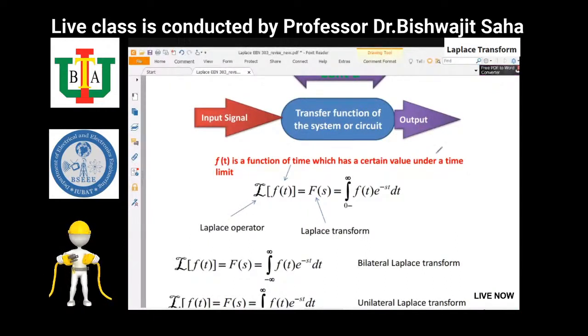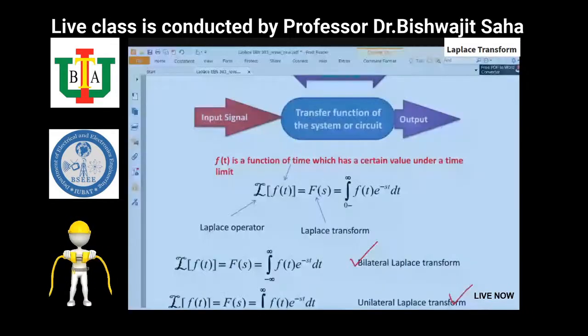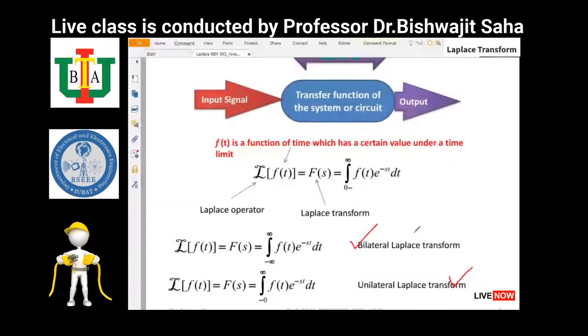So on this slide, we can see the effectiveness of Laplace transform and its formula. In Laplace transform, we have two formulas. One is called bilateral, and the other unilateral transform. In case of bilateral transform, the limit has been taken from left side to right side.